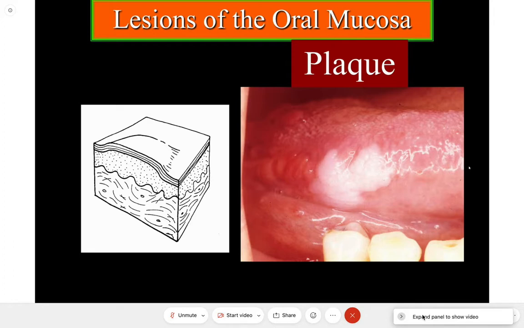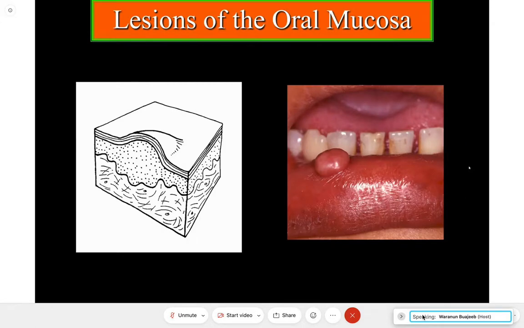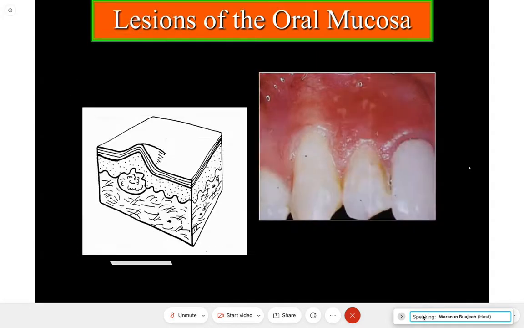And this type is different, called nodule. The lesion is quite deep, if on the skin or in the lamina propria. And this is called pustule. If the content is pus, we will call it pustule.